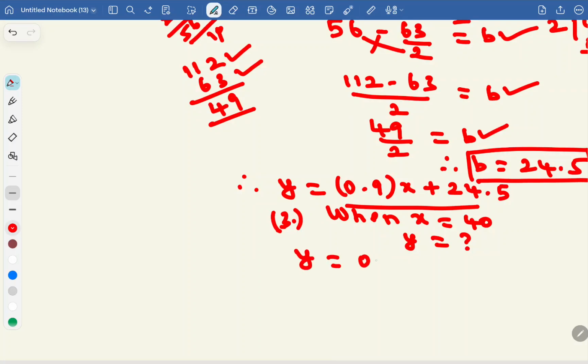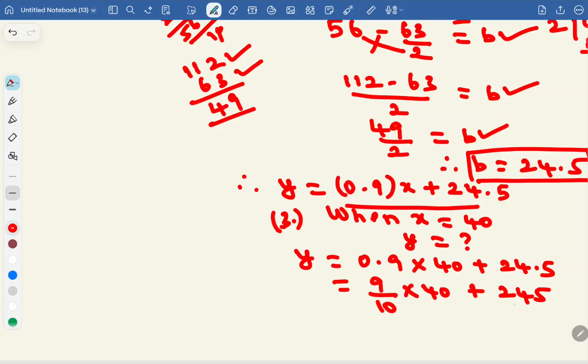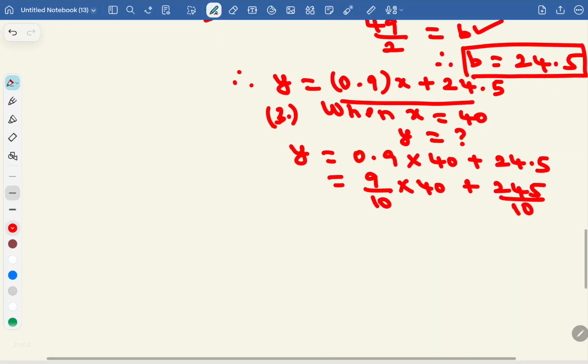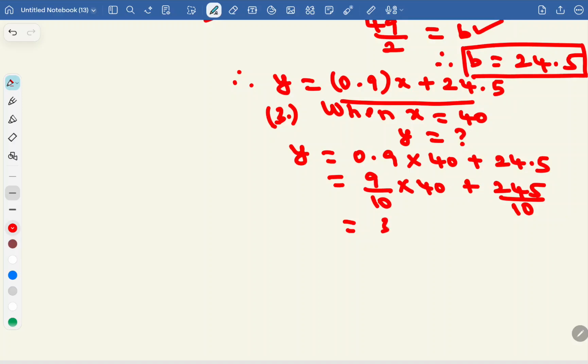y equal to 0.9 into 40 plus 24.5. That is 9 by 10 into 40 plus 245 by 10. What is 360 by 10 plus 245 by 10?